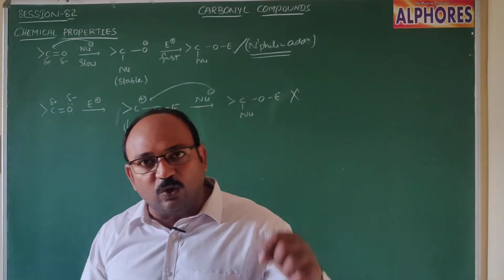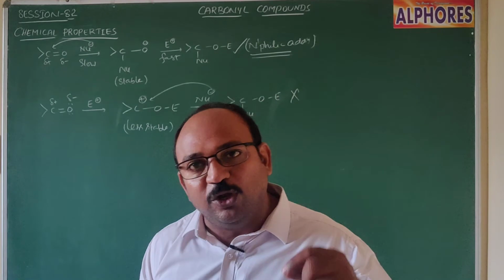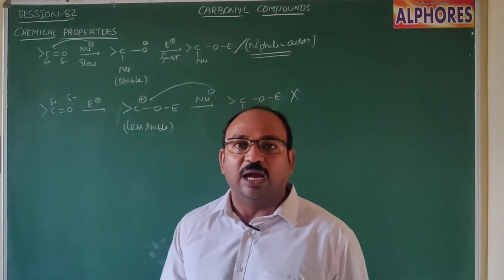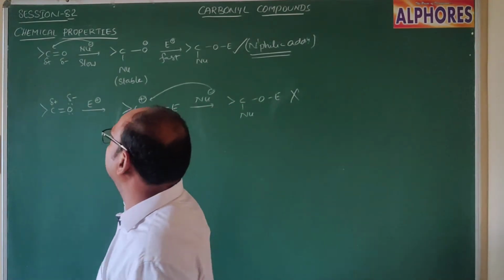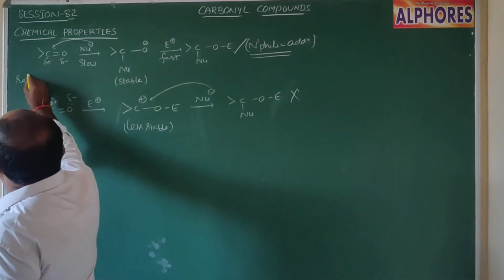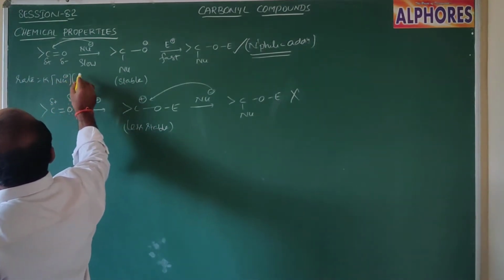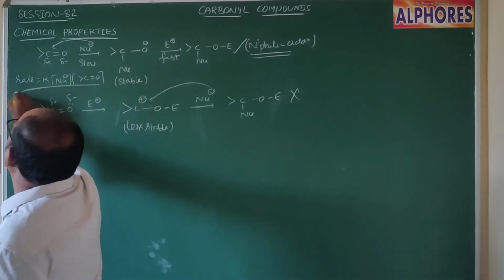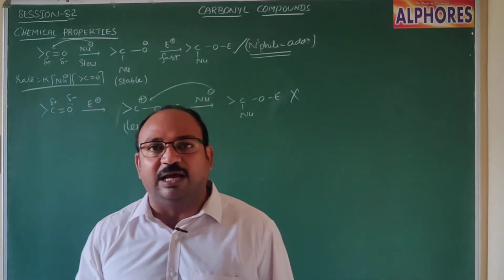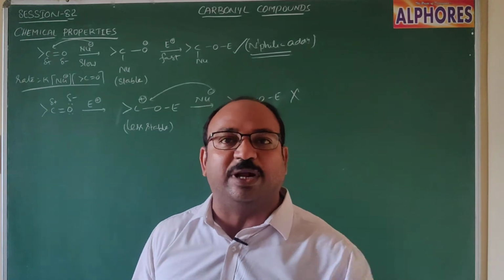Because the nucleophile takes part in the slow step, while writing the rate law, rate equals K into nucleophile into carbonyl compound. So in the rate law, the nucleophile has to participate.